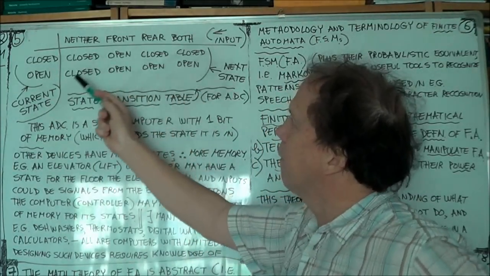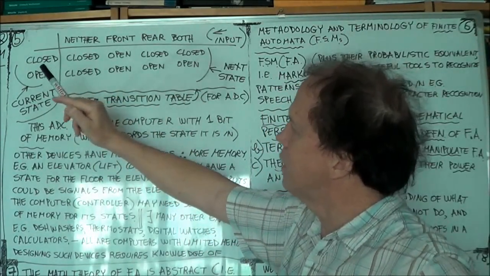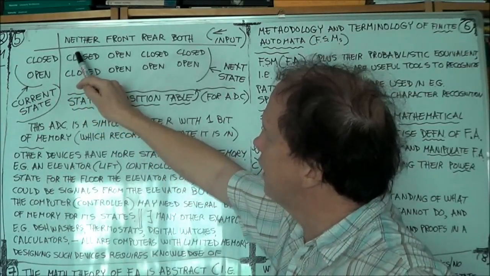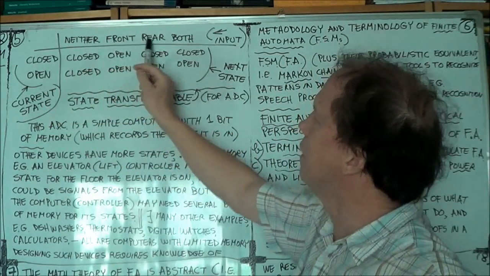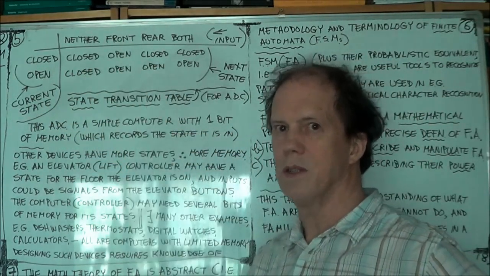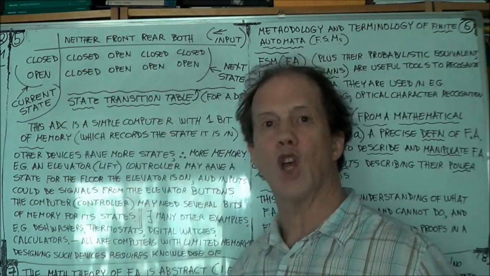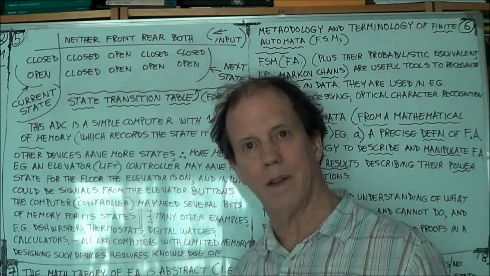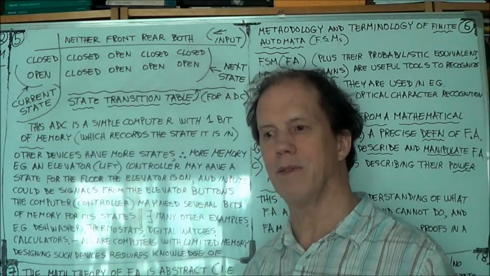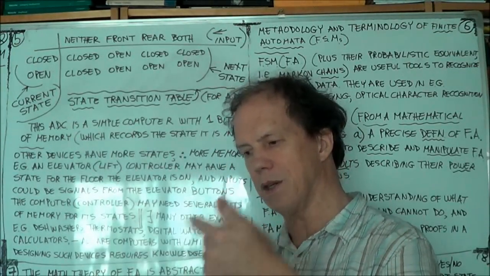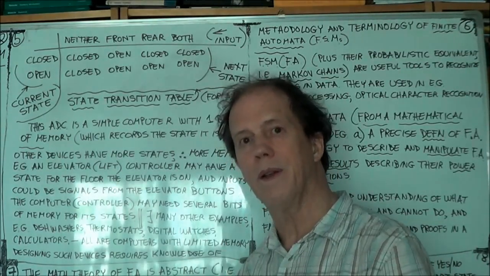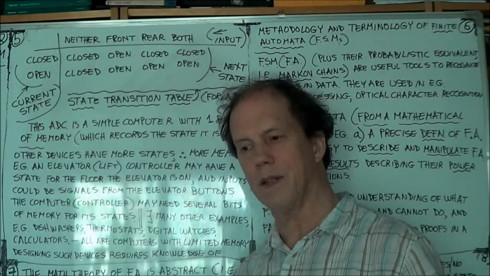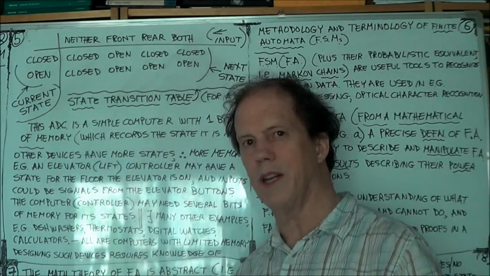Right? Now, the decision as to what the next state will be, given the current state and an input signal, that decision here is deterministic. Right? There's no doubt. Given the current state and the input signal, the next state is determined without any doubt.